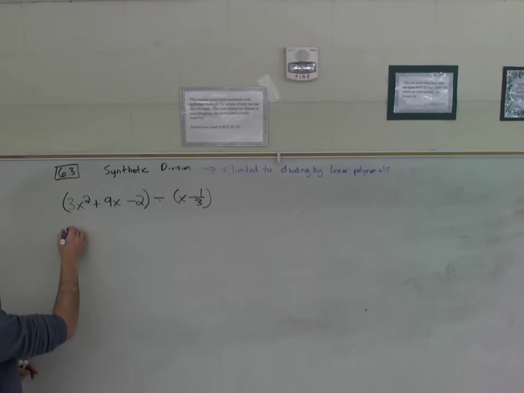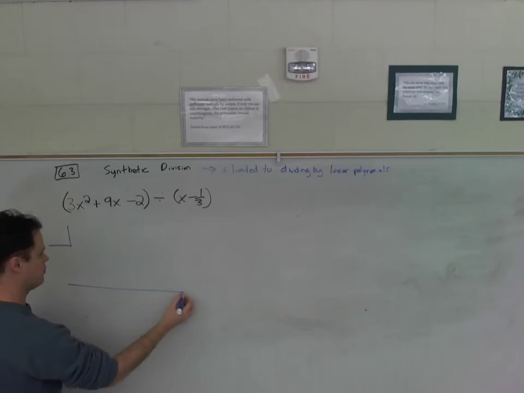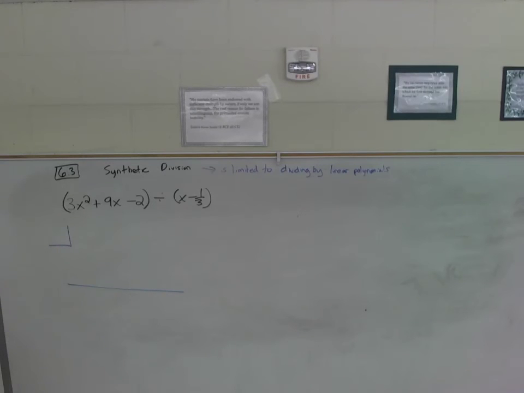All right, so set it up. You guys help me a little bit this time. I think we need to do it one more time together for sure. What goes here? The 0. What's the 0 for that linear term? It's not negative 1/3. It's 1/3. Oh, right. It's 1/3. Okay.